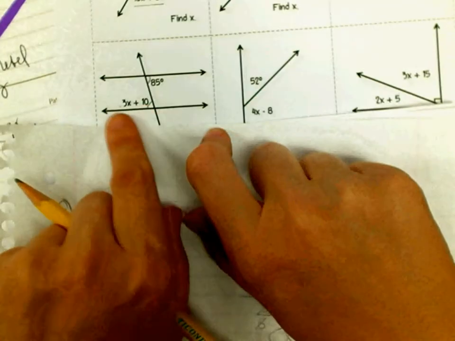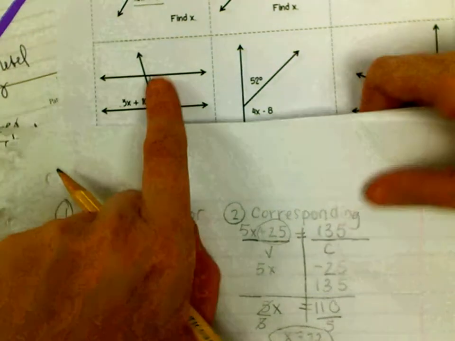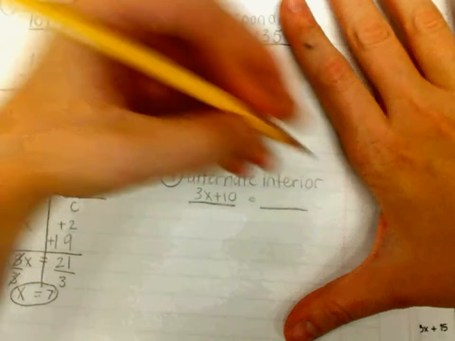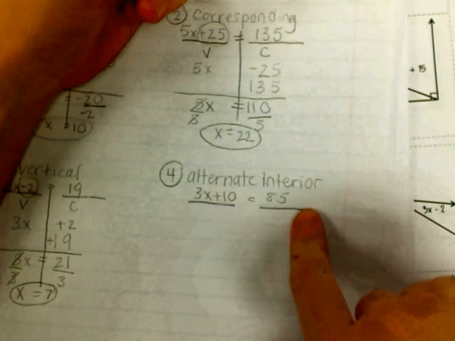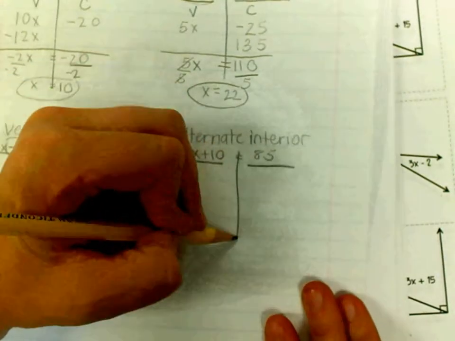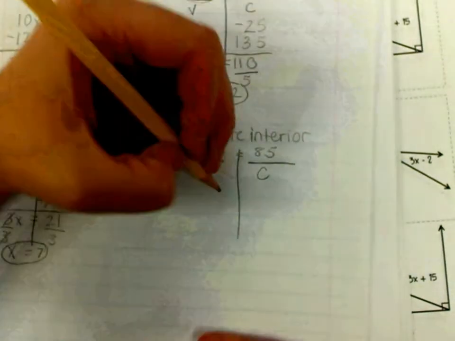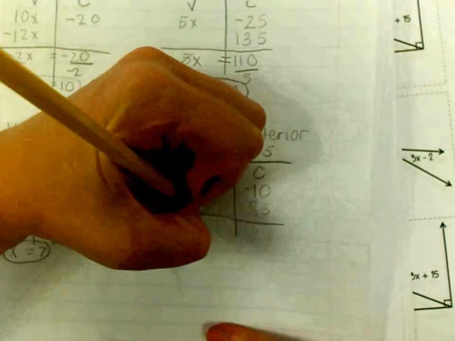Whoop. 5x plus 10, or no, that's a 3. 3x plus 10 equals 85. Now, of course, you can always put the 85 over here and the 3x plus 10 over here. I just prefer to do it this way. I just like how it looks better. Okay, so my variables, constants, I have a 3x, I have a 10, I'm changing it to a negative because I'm switching sides, and a positive 85.